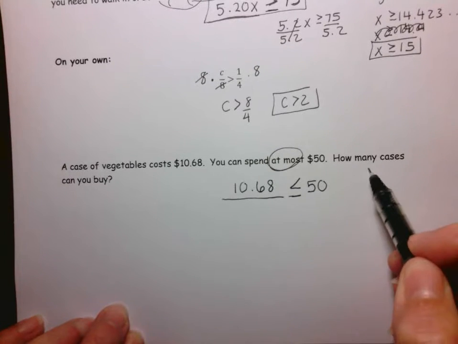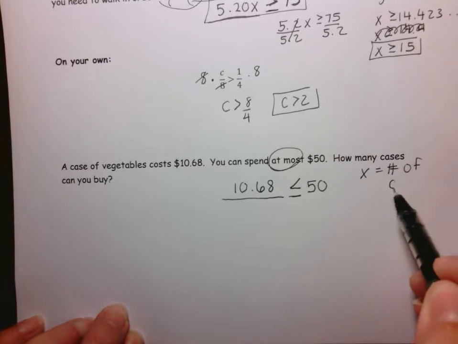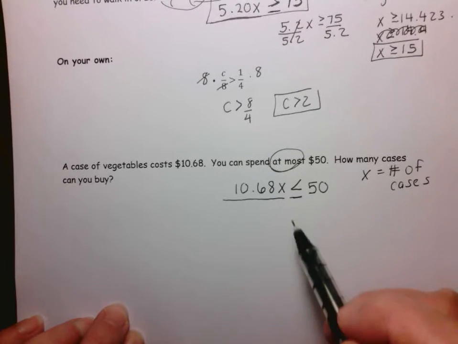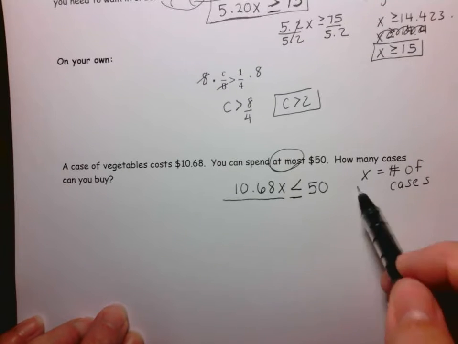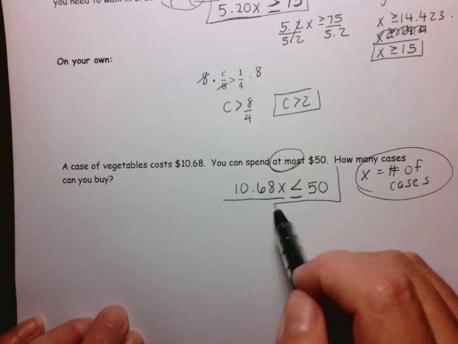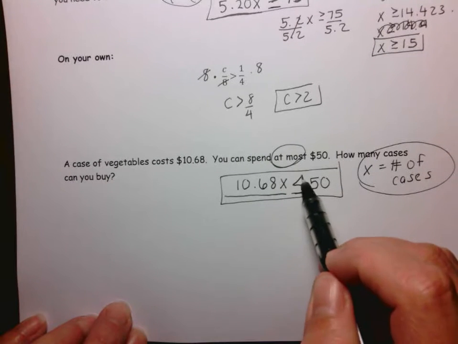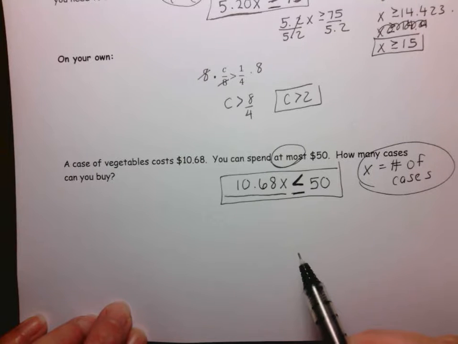So here my variable is going to represent the number of cases. So $10.68 times X, where X is my number of cases, has to be less than or equal to 50 because it's going to be at most $50. So it's less than or equal to. So that's my situation.